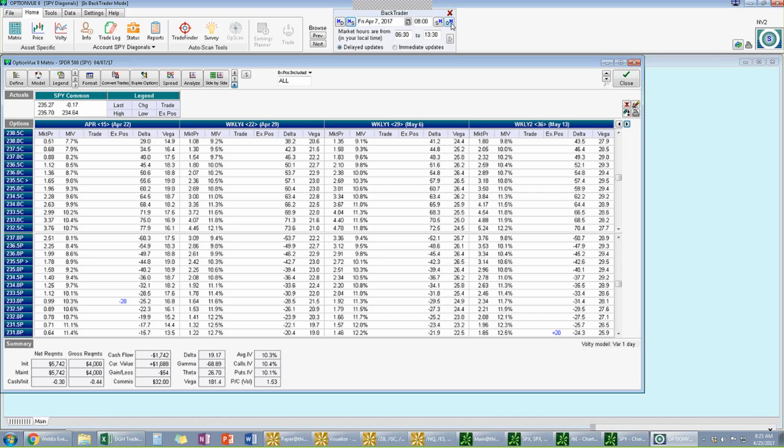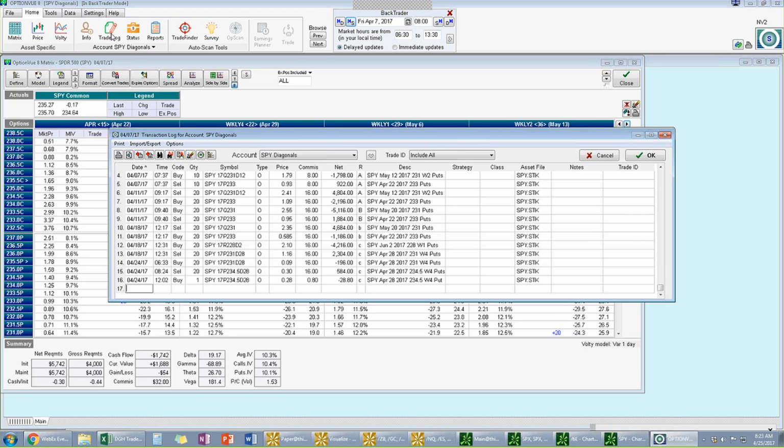Okay, so I'll just go ahead and grab, I mean, this is only basically a 2-day-old trade. And I know that I took this out on the 11th at 9:17, so I'll have to go to BackTrader and show the 9 o'clock on the 11th.